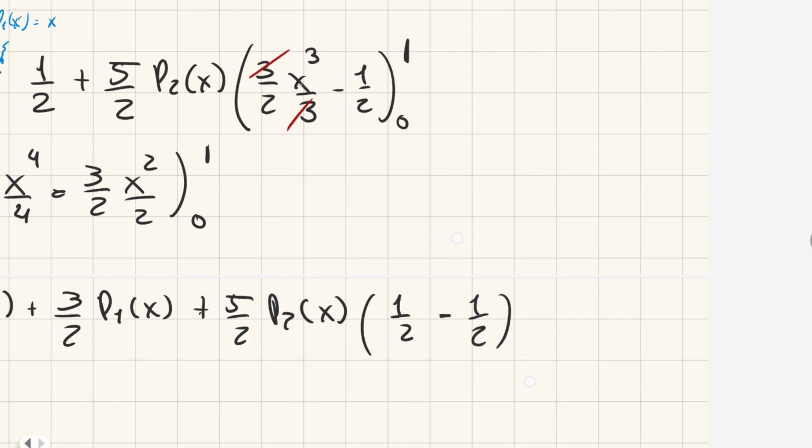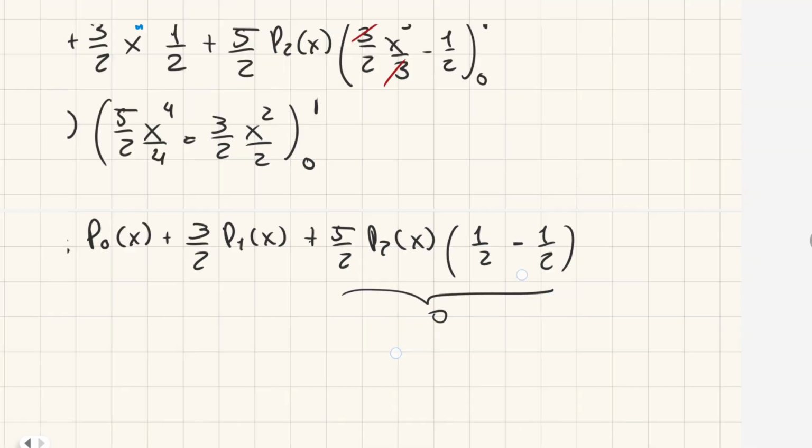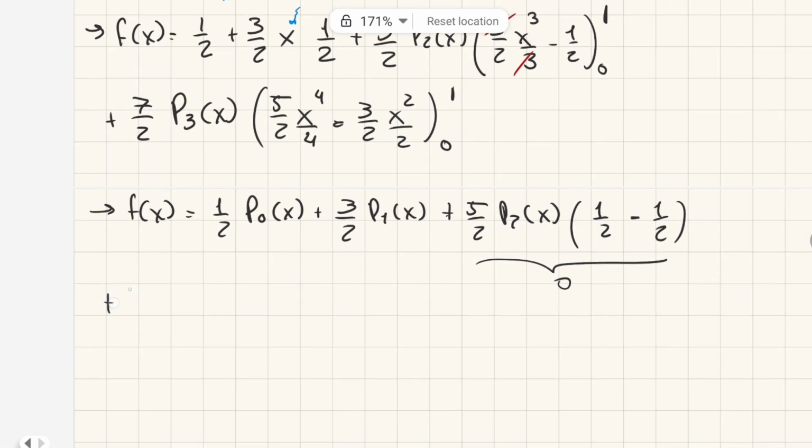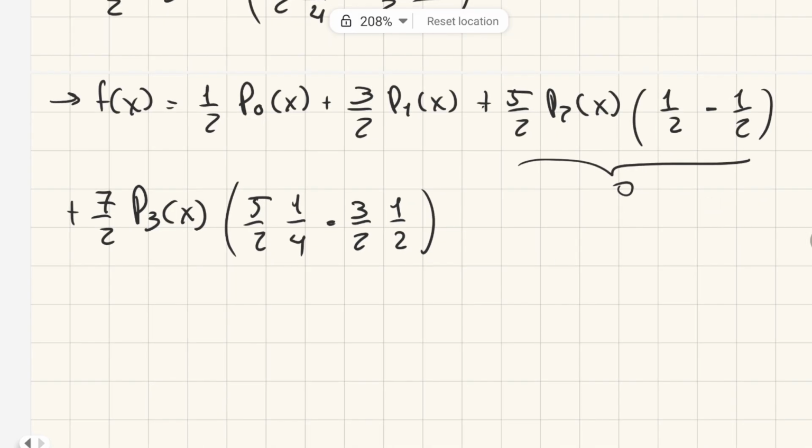Yep, so these elements are going to cancel, and this is going to be equal to 0. Okay, and then plus 7 divided by 2 p sub 3 of x, that is going to multiply 5 divided by 2, 1 divided by 4, minus 3 divided by 2, 1 divided by 2. Okay, and then so on and so forth.